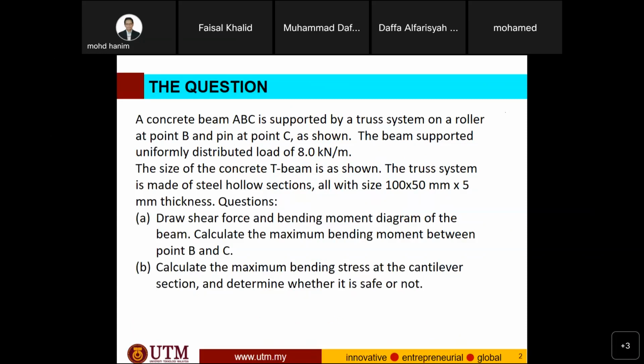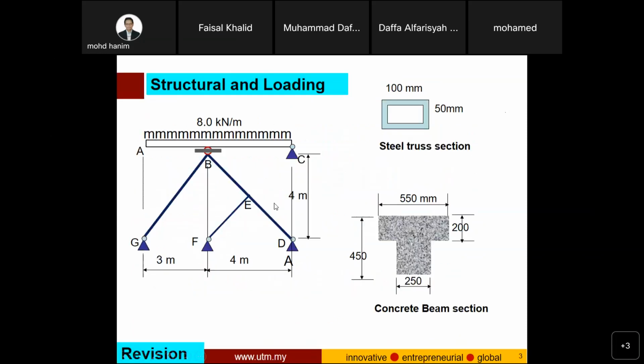Okay, we start with a question. We have only one question for tonight. A concrete beam ABC is supported by a truss system on a roller at point B and point C here. ABC is supported at roller at point B and point C, and we have overhanging here.